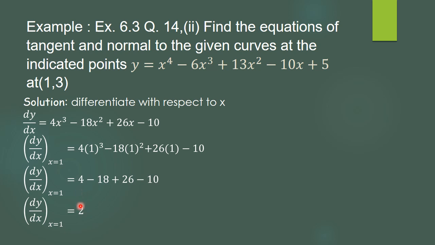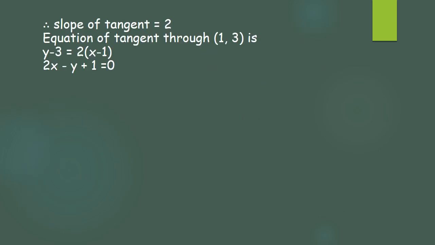As the slope of a tangent is 2 and the tangent passes through (1, 3), we can find the equation of a tangent as y minus 3 is equal to 2 bracket x minus 1. On simplifying we get 2x minus y plus 1 is equal to 0.